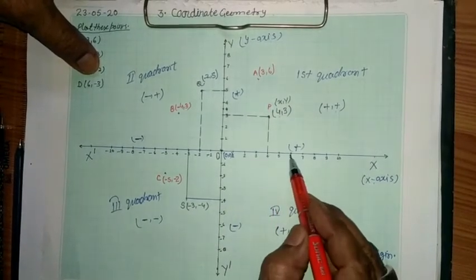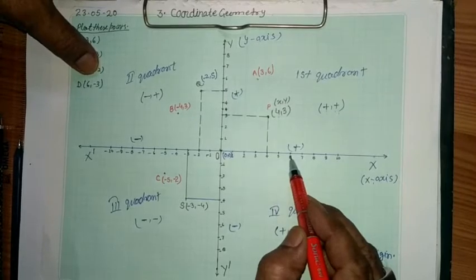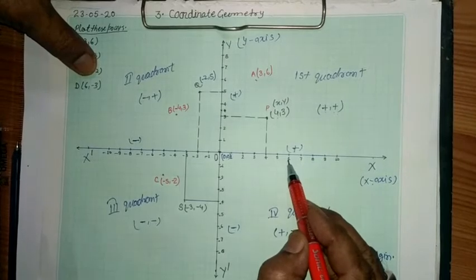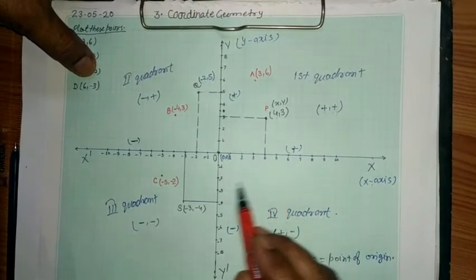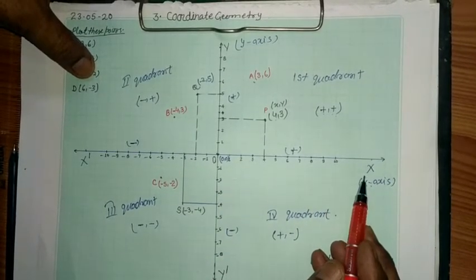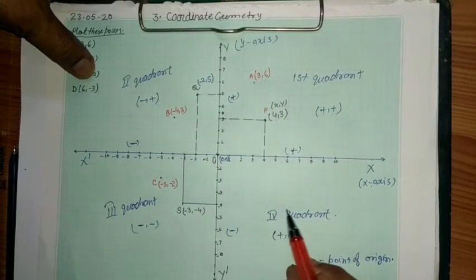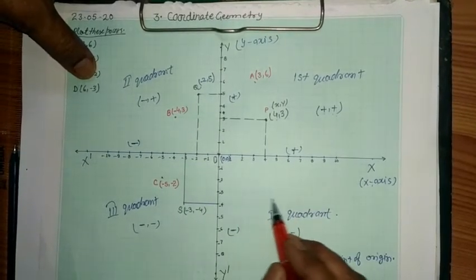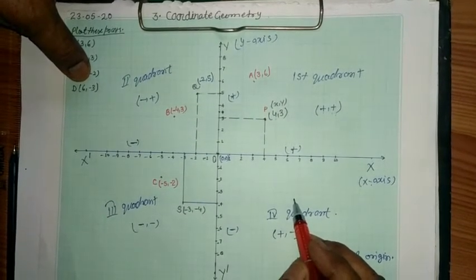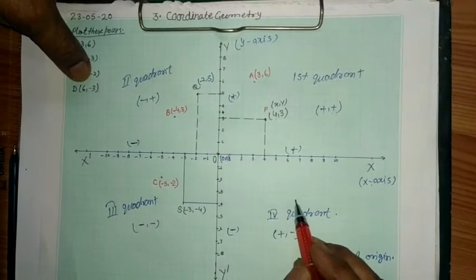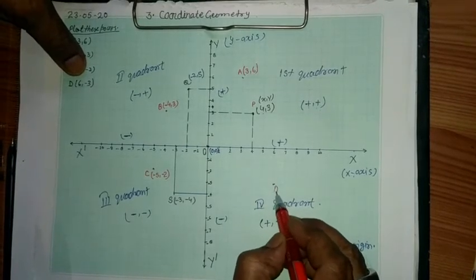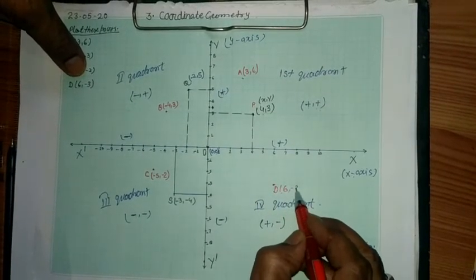From 6 we draw a line parallel to OY', and from -3 a line parallel to OX, the x-axis, and they intersect each other at a point. This point is denoted by D, whose coordinate is (6, -3).